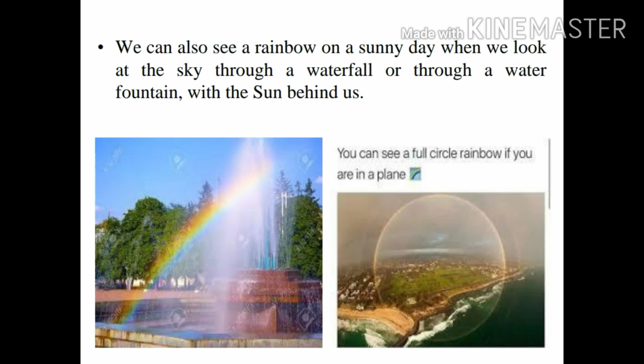Secondly, we can see the full circle rainbow if we are at a height, like this photograph. When we are on a plane, then we see a rainbow of this shape.